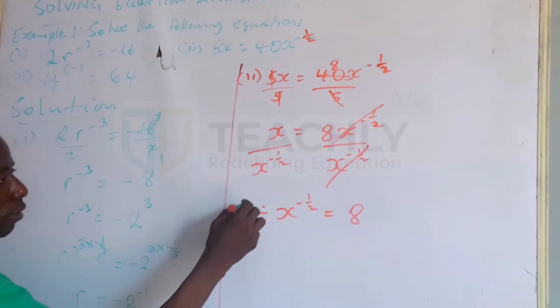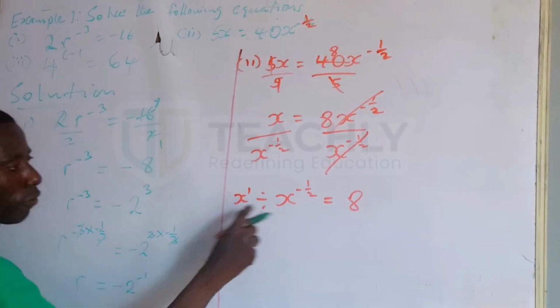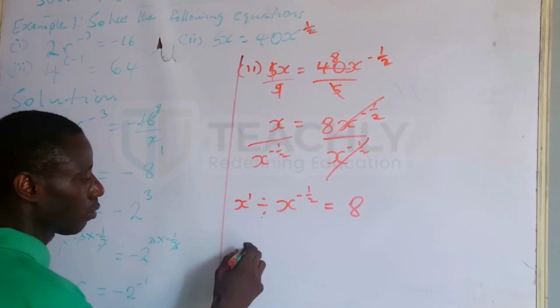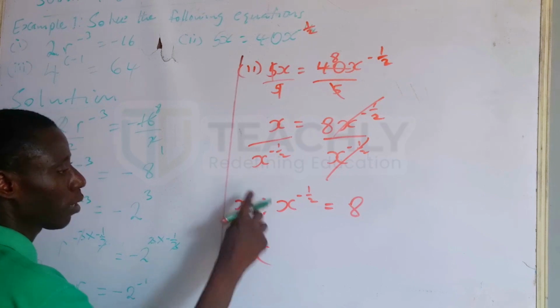The power of x here is 1. According to the rule of indices, we pick one x, and the power here is 1.